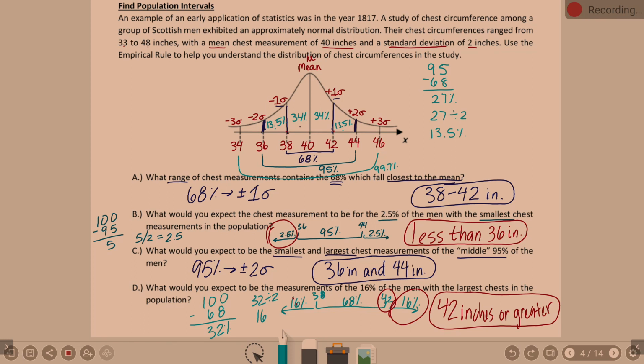Now, that means that from 44 and 36 out is 2.5, but if we break it into the pieces, 99.7 minus 95 is 4.7. 4.7 divided by 2 is 2.35%. So what we're saying right here, that's 2.35. That's 2.35.